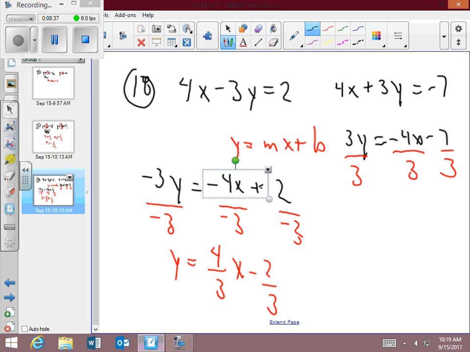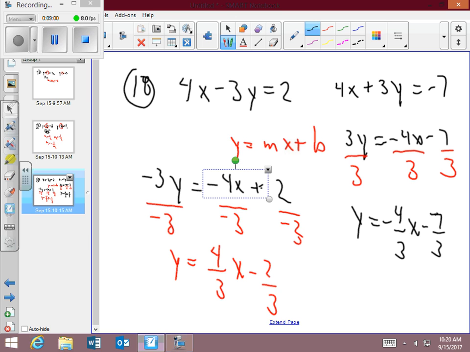On the left-hand side, I have Y equals negative 4/3 x minus 7/3.